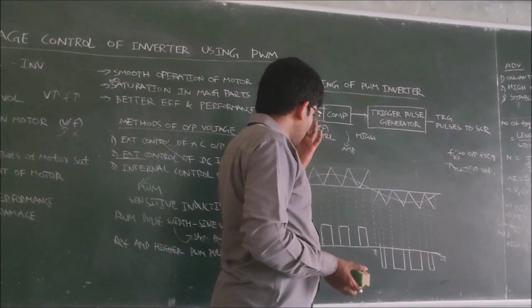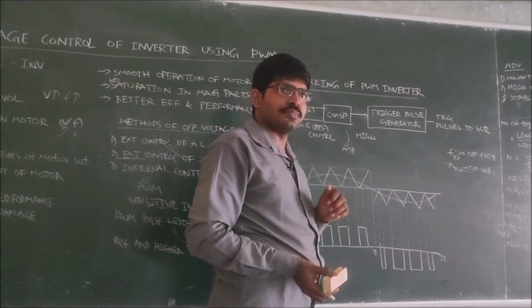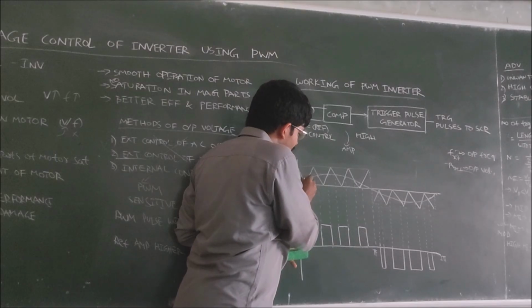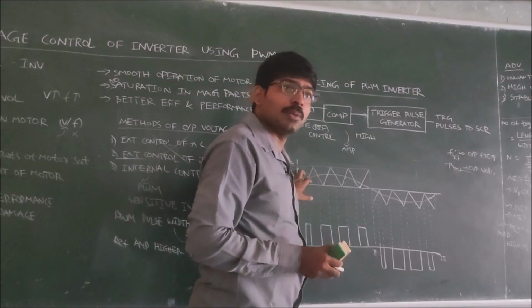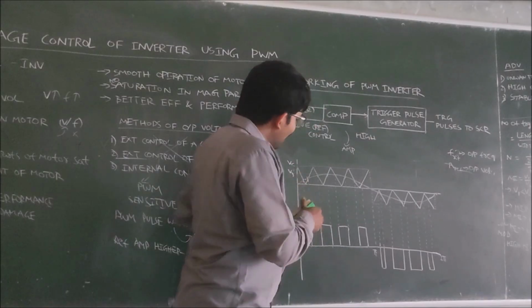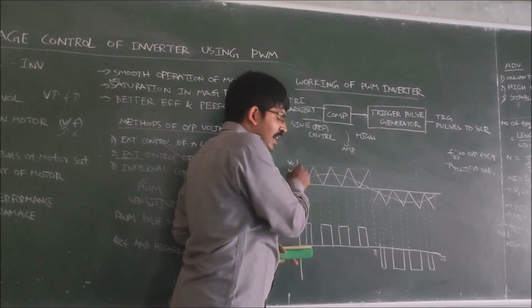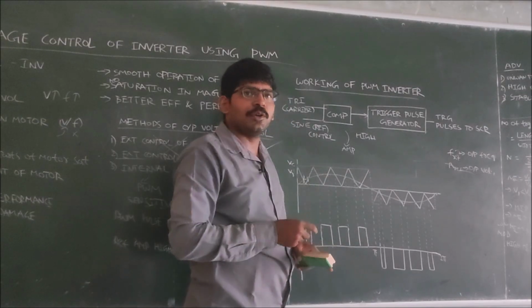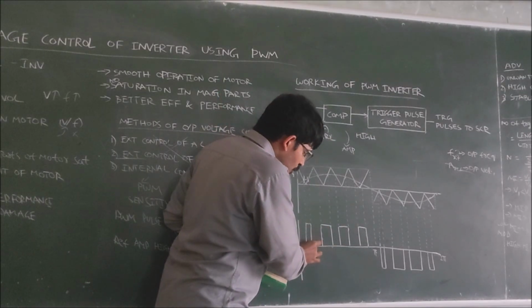Okay, that's fine. Now see here, at this intersection point, until this point, the triangular wave amplitude is higher than the sinusoidal amplitude. That's why the output is 0.